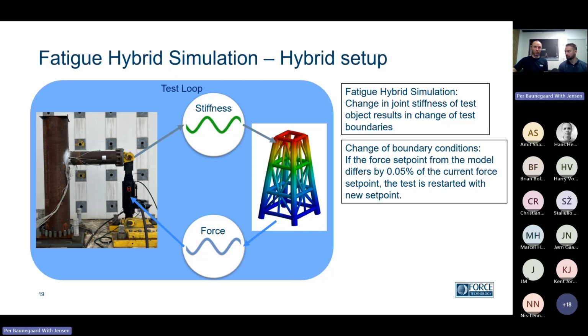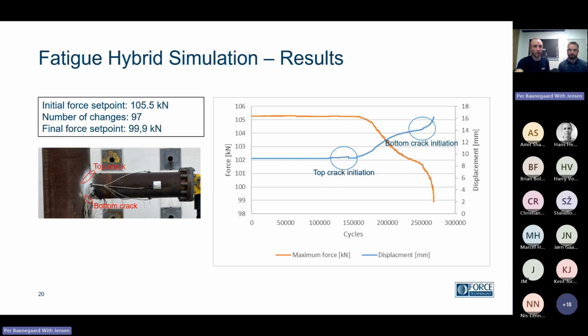So it's an iterative process where we constantly monitor the input from the model, but only stop if there's a significant change to the boundary condition.